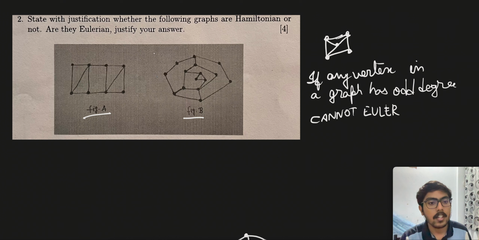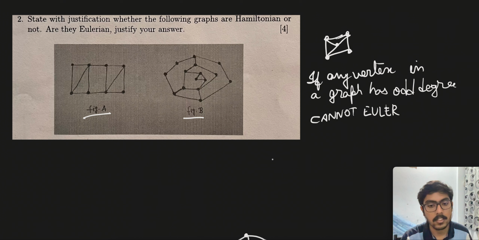So if we talk about Hamiltonian, Hamiltonian means a graph which has a Hamiltonian circuit, right? There can be a Hamiltonian path in a graph, but it does not necessarily mean that it is a Hamiltonian graph, because for a Hamiltonian graph there has to be a complete circuit, a Hamiltonian circuit, so that we can call it a Hamiltonian graph.